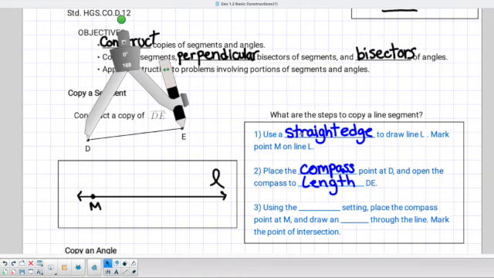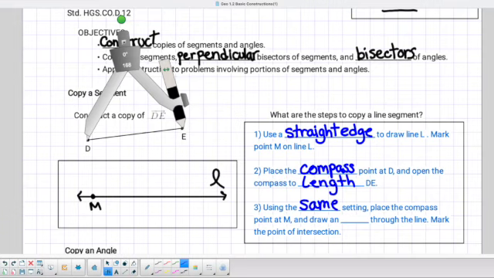I'm just gonna leave it like that. Step 3, using the same setting. That means we're not going to mess with the compass anymore. We're leaving it open to that wide.